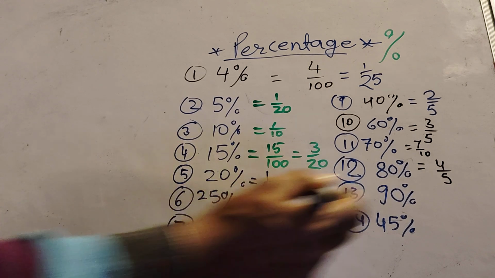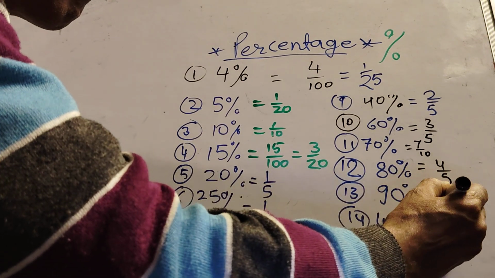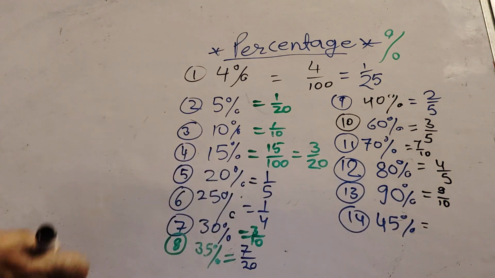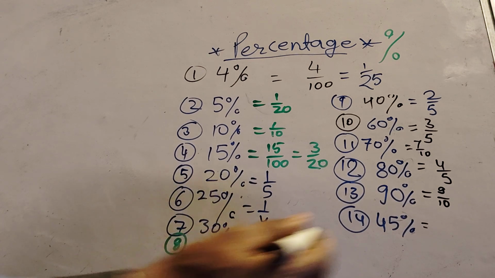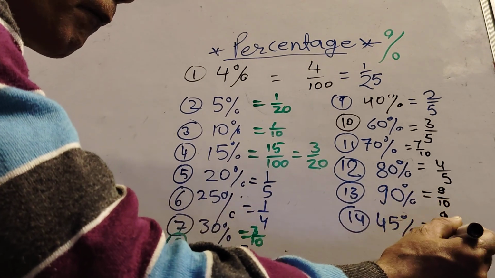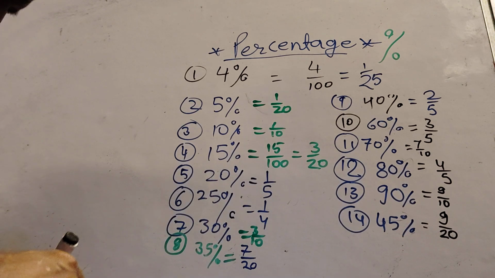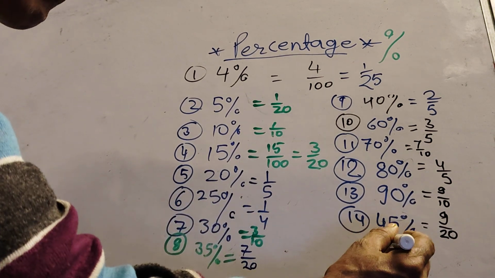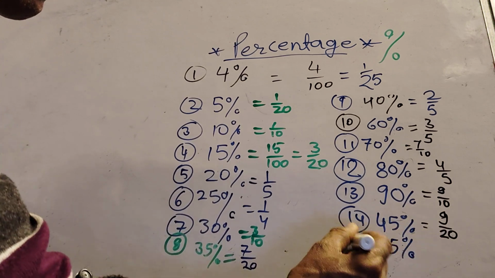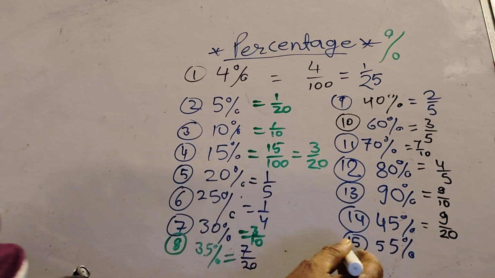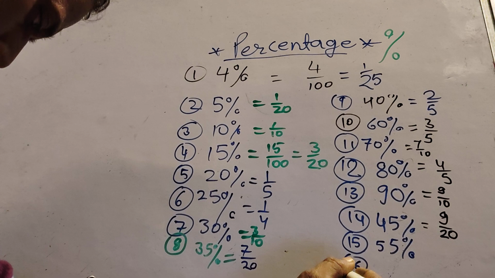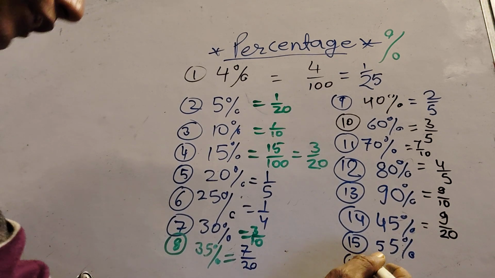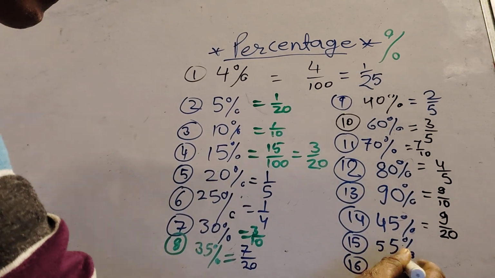And the 14th one would be 9/20. Correct. 9 over 20. Next one is 55%. Next one is 65%.